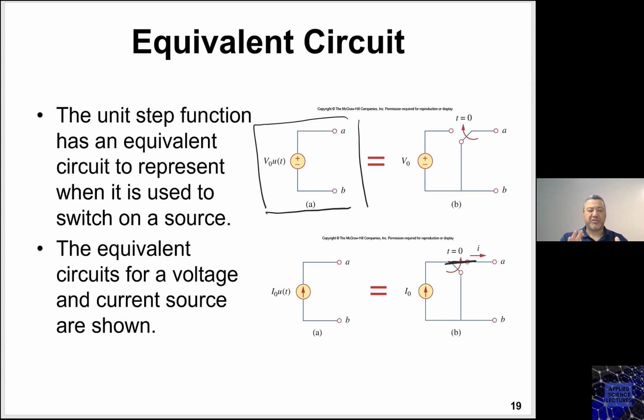So this is just to show you what a 0 source and an on source mean. A 0 source for the voltage means a piece of wire. So this is position 1, this is position 2. A 0 current source means an open circuit, right?